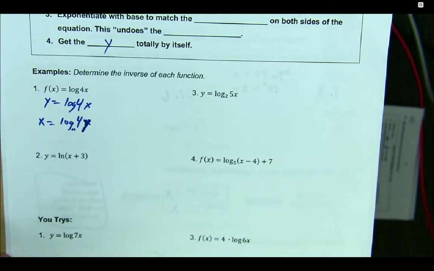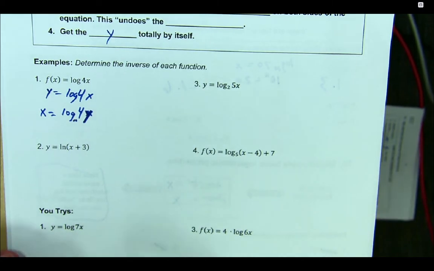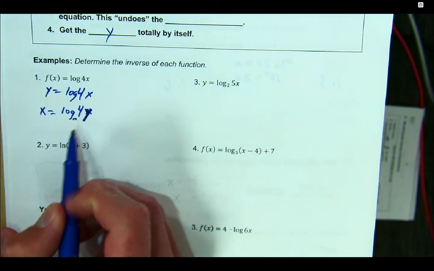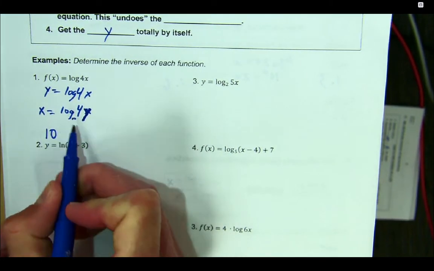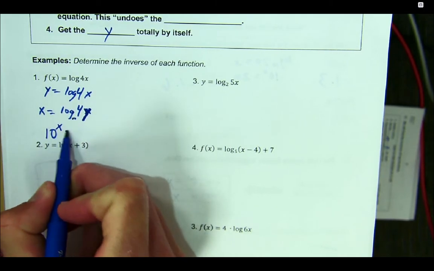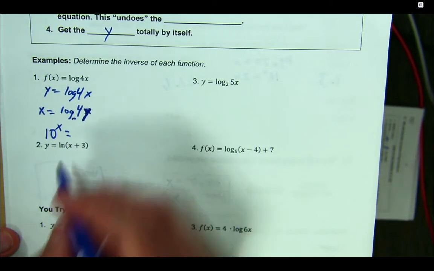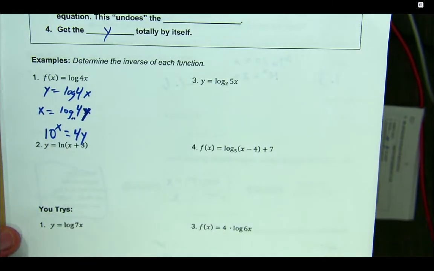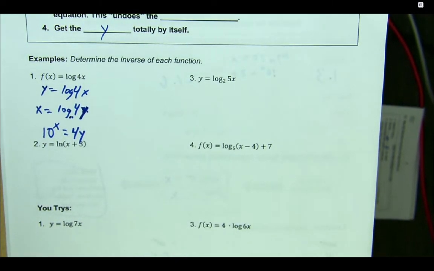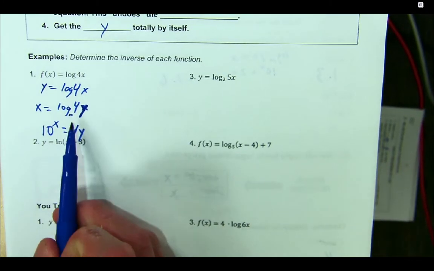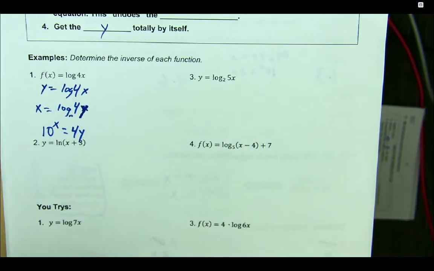All right, so that's why this process that we talked about last video was so important. You take your base of the log, which is 10, to the power of what's over here, which is x, equals what's next to it, which is 4y.